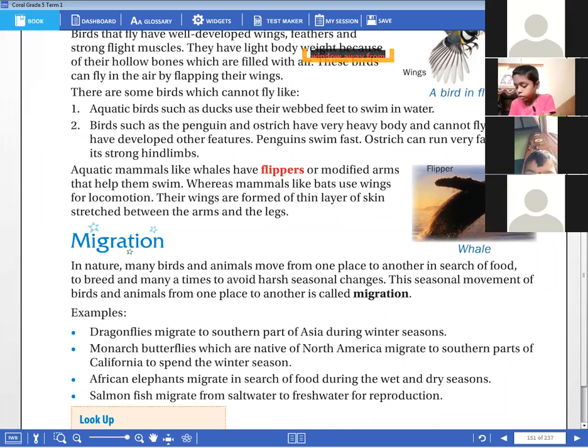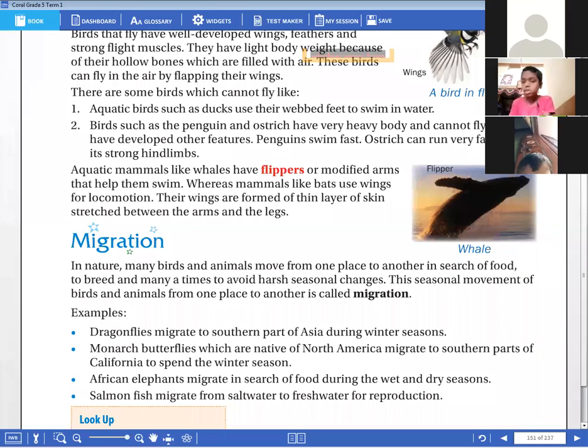Just like we swim with the help of our arms, whales swim with the help of flippers. Isn't it okay, Shravani? Has your doubt been cleared? Okay.